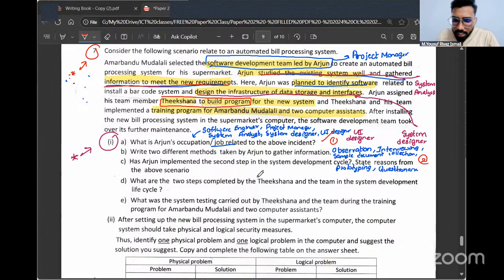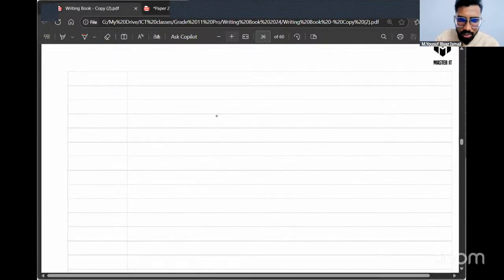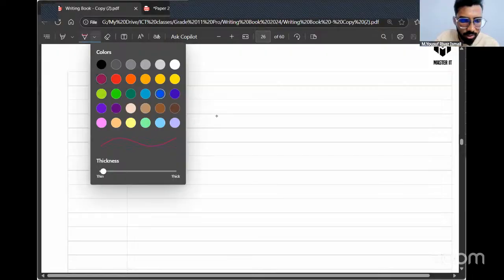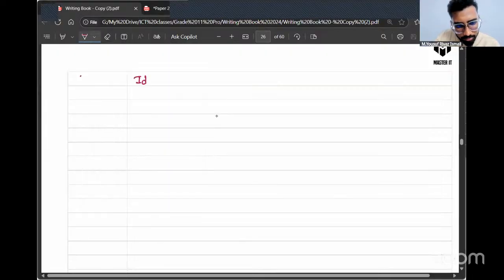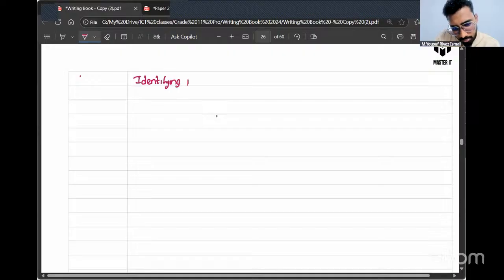Next. Has Arjun implemented the second step in the SDLC? State the reason from the above scenario. Now, when you take the software development lifecycle, there are 6 phases or steps. The first one is identifying requirements. The second phase is called the designing or planning phase.